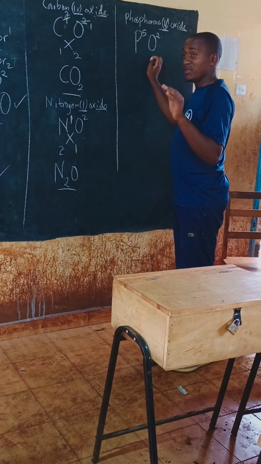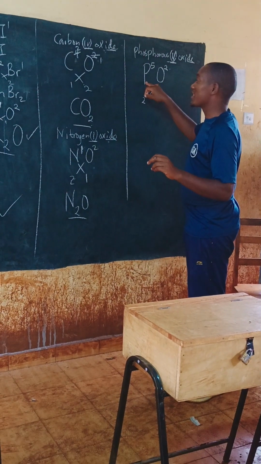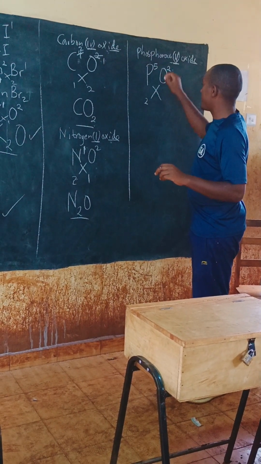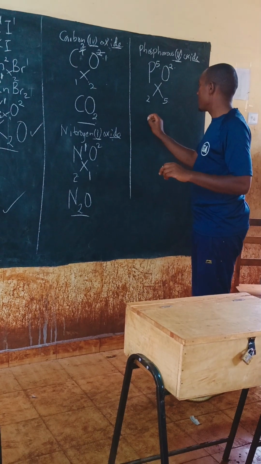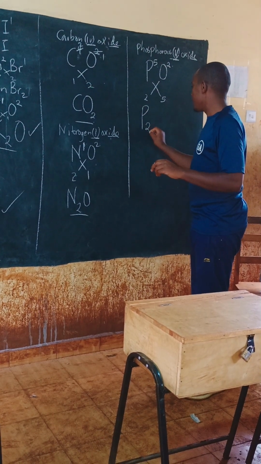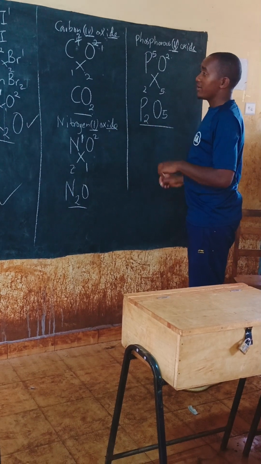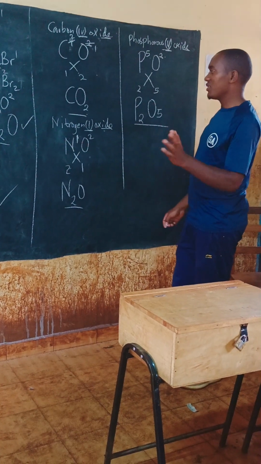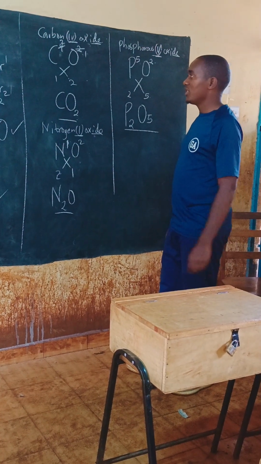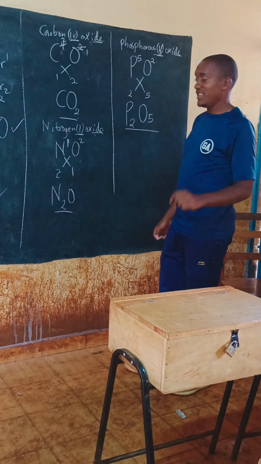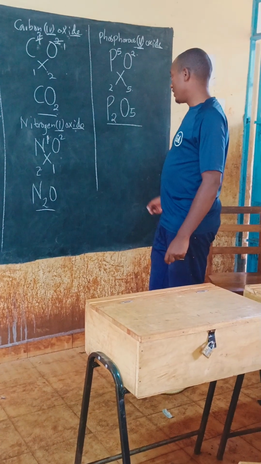If it cannot be simplified, we exchange. 2 comes here as a subscript of phosphorus, and 5 comes here as a subscript of oxygen. So the formula of phosphorus(V) oxide is P2O5. We have many compounds, but this will guide you. When a substance name ends with IDE, we have two elements that are chemically combined.